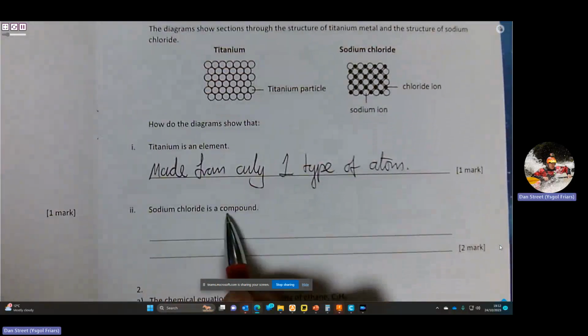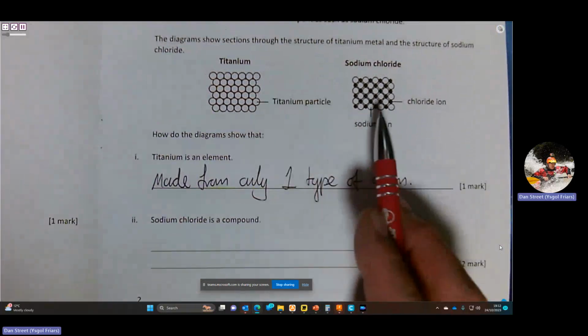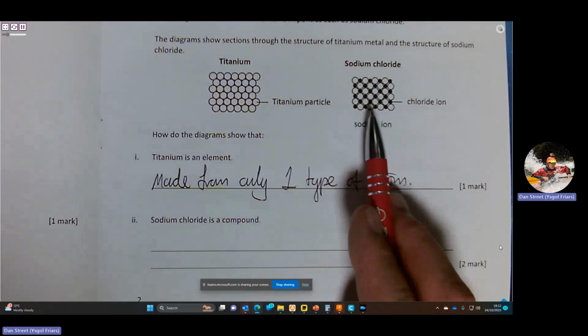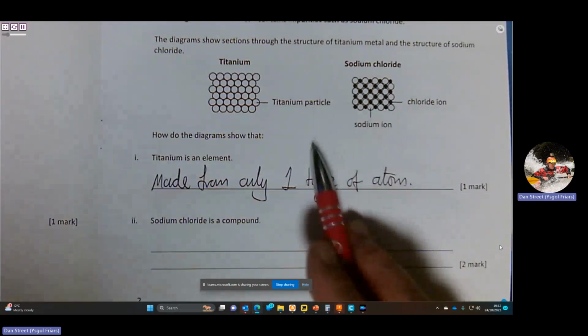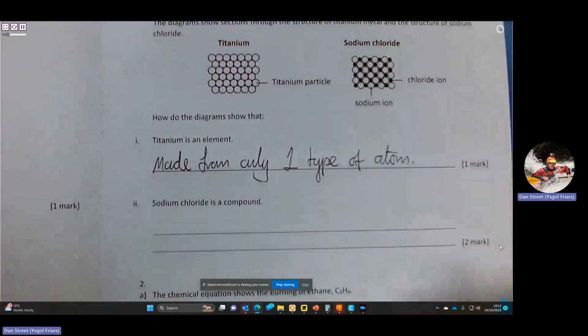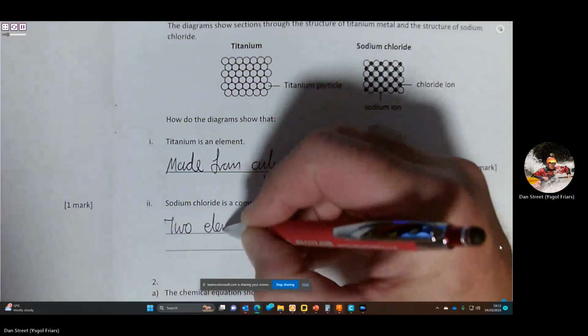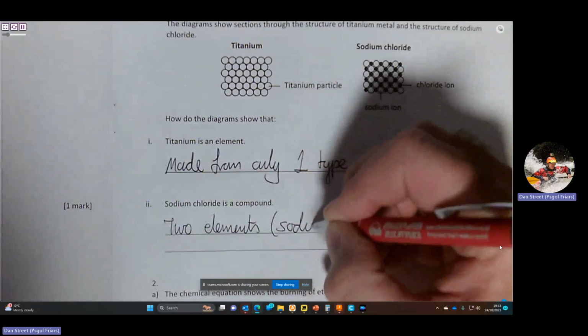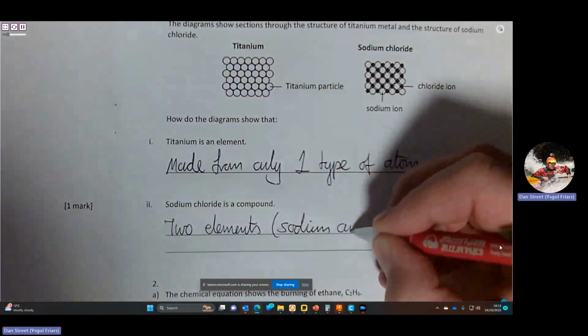And then sodium chloride is a compound. Well, sodium chloride is made from 2 or more, in this case it's only 2, different elements bonded together. We can see that they're arranged very closely together, so we can assume that they're all bonded together. Okay, so we could say 2 elements. If we wanted to be absolutely clear, we could say sodium and chlorine.